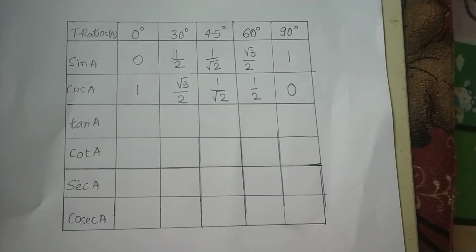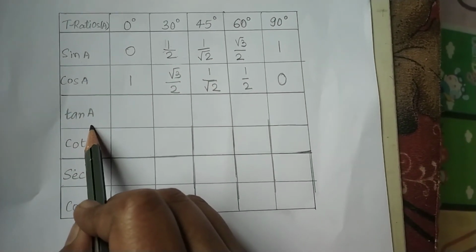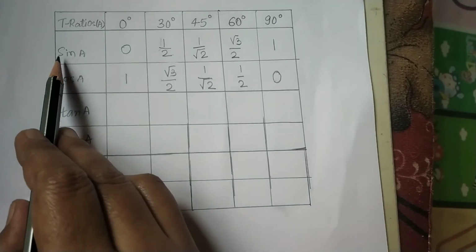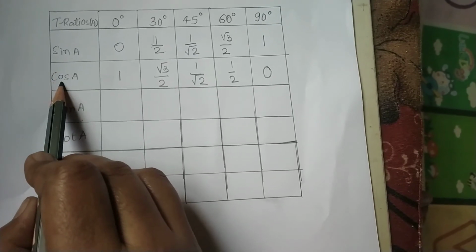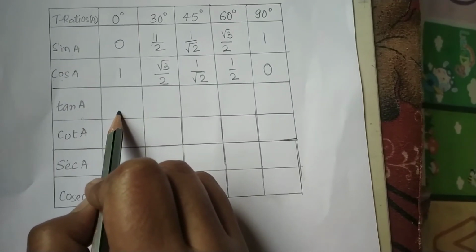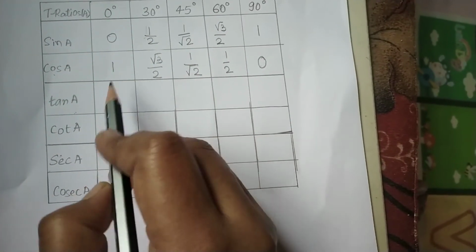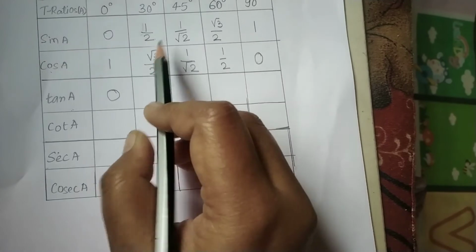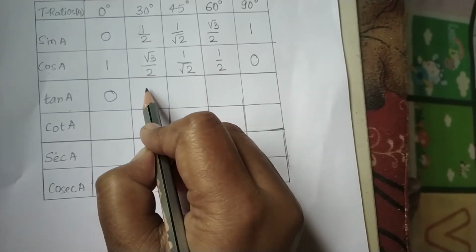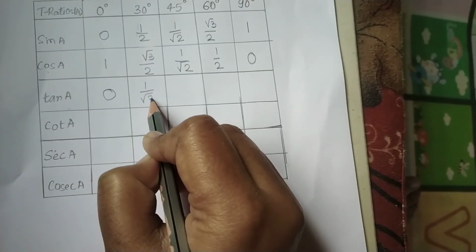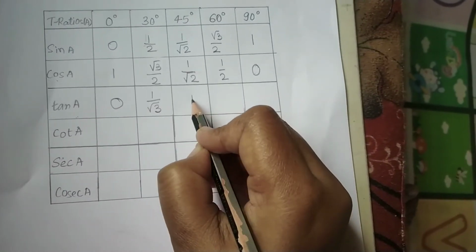I hope this is clear how to write the values of sine theta. Now we know tan of any angle is the ratio of sine and cos. That means if we divide sine by cos, we will get the values of tan. So 0 by 1 becomes 0. 1 by 2 and root 3 by 2: when we divide, 2 gets cancelled. What remains is 1 by root 3. 1 by root 2 and 1 by root 2: when we cancel both, we get 1.